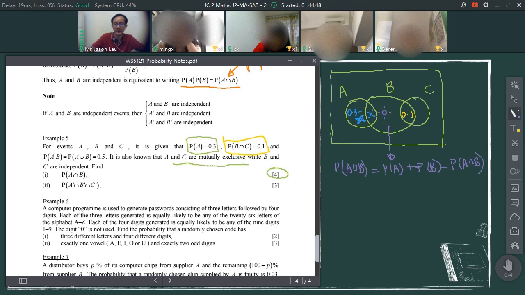So this part will become 0.5 minus 0.1. This part, I want this part only, so it's 0.5 minus 0.3 minus 0.1. Okay, can you see it?